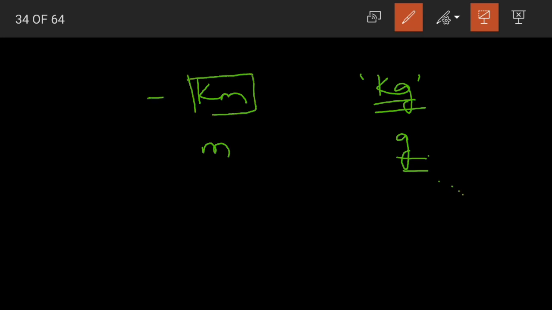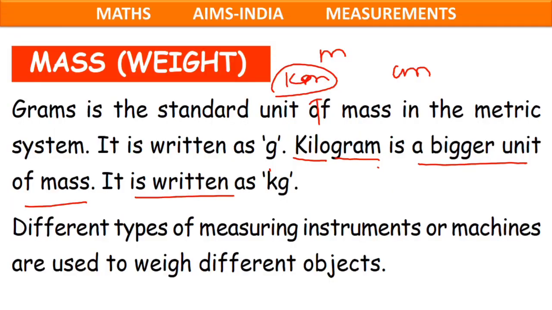We have kilometers and then meters; in the same way we have kilograms and grams. Kilometers is bigger than meters; in the same way kilograms are bigger than grams.